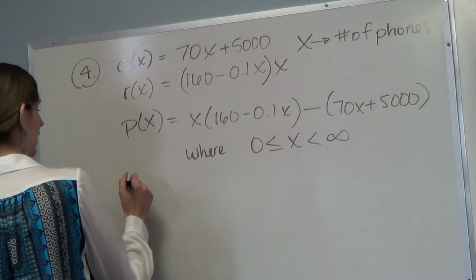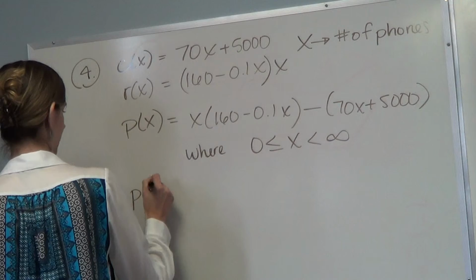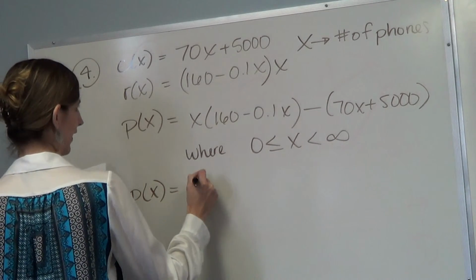Okay, so let's write out P of x, multiplying it out, combining like terms and all of that.